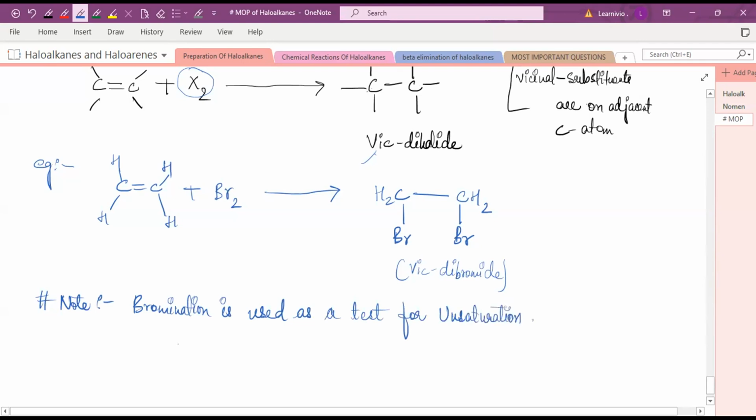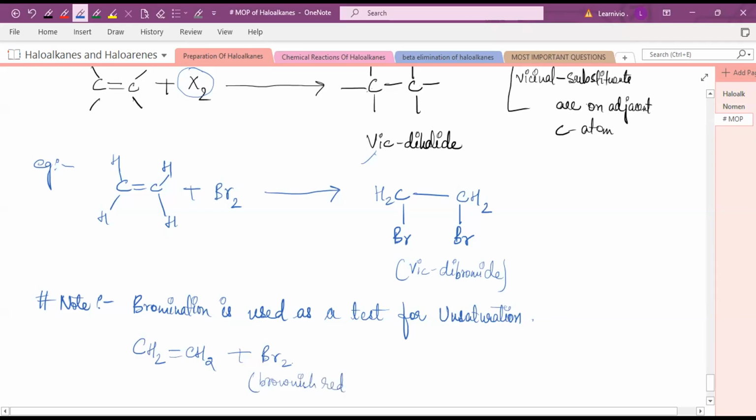For example, any unsaturated compound like alkene, say ethene. When you do the bromination of ethene, this bromine is which color? It's a brownish red color.